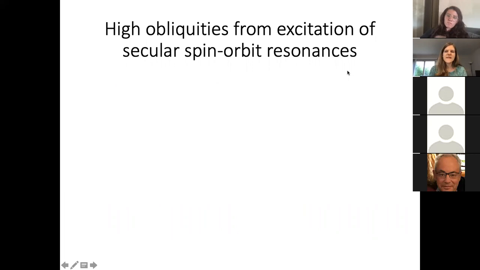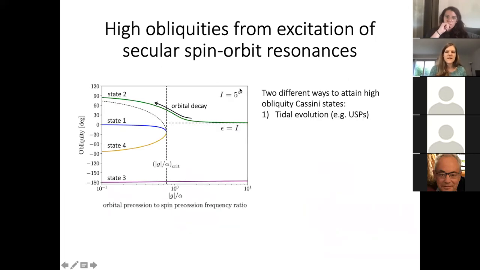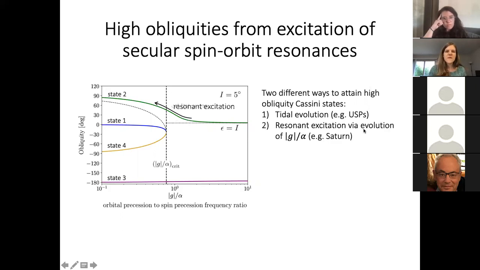The key idea is realizing that these high obliquities Cassini states can be generated in two separate ways. The first is if this G over alpha frequency ratio evolves through orbital decay, as I was talking about for the USPs. But another way is if this G over alpha ratio evolves through means other than orbital decay, such as other evolutionary factors at play in the early part of the system's lifetime.